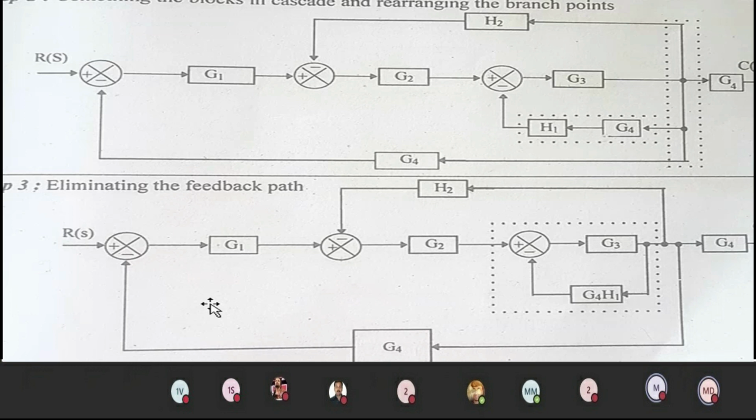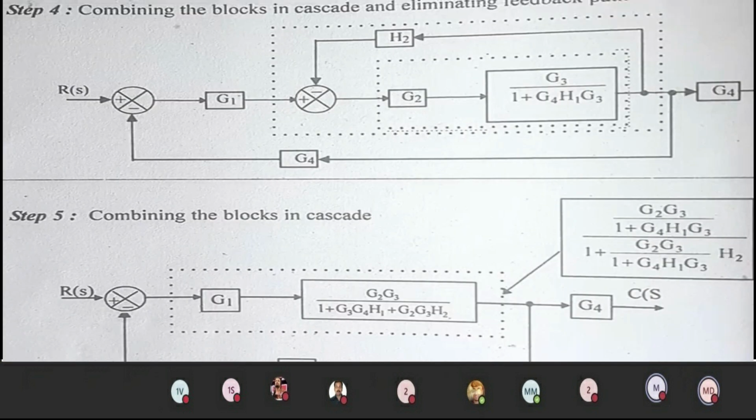So you can notice that the blocks are further simplified. And once again, you can see that G2 is connected in cascade with G3 by 1 plus G3, G4, H1. So you multiply together, it becomes a single block.